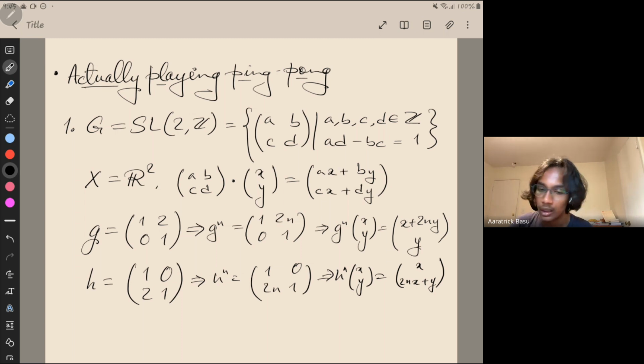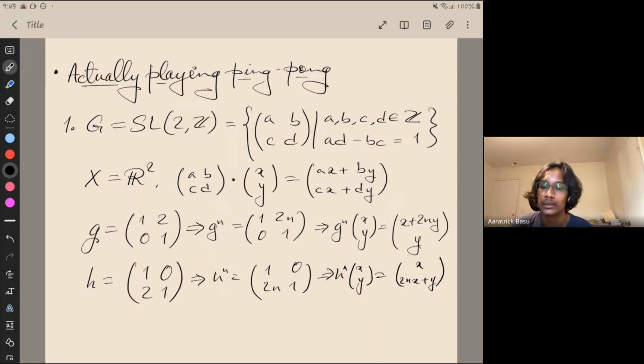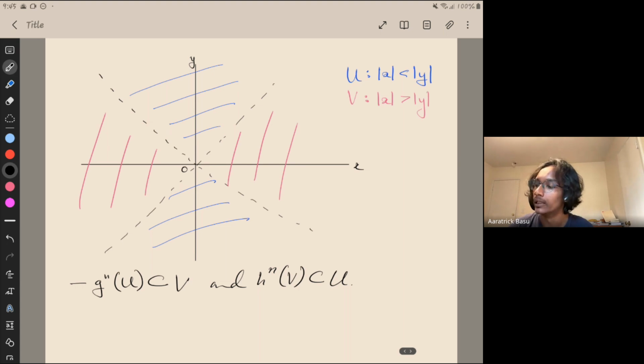So now we have to cook up the sets U and V. Again, like I said, it's sort of an art to cook those sets up, and you don't get a prescription. You sort of have to do it as you go. So for example, here two sets that do work are the following.